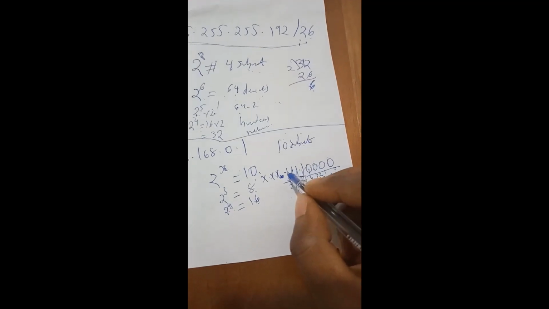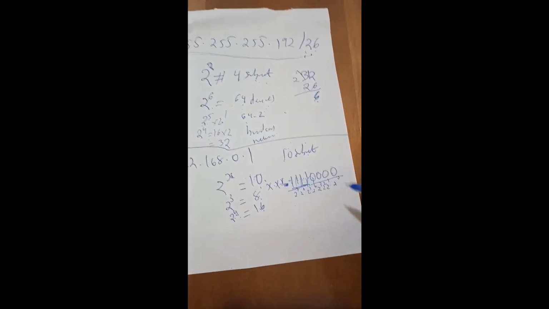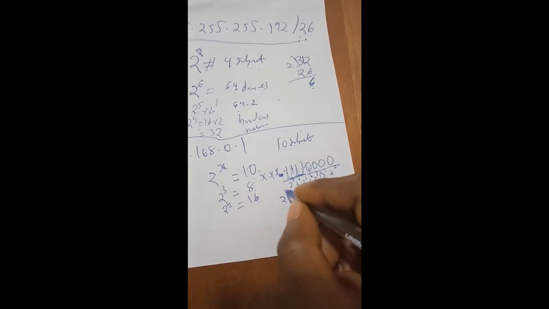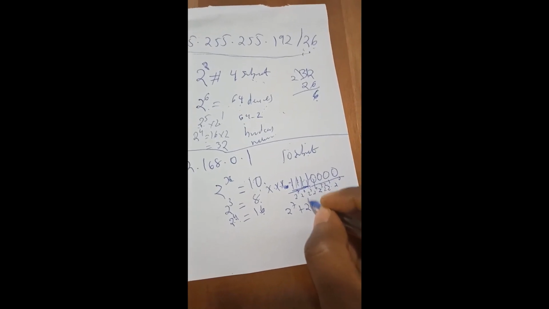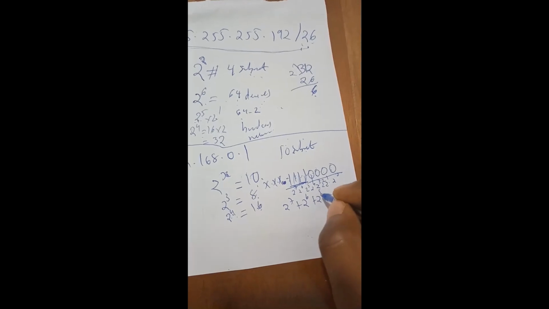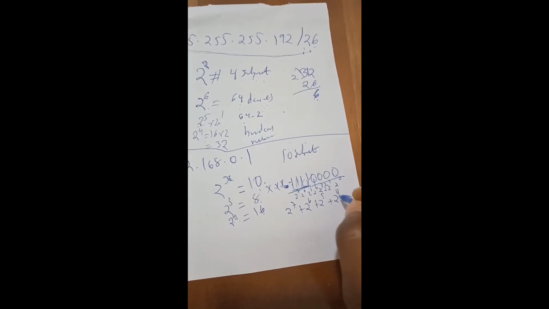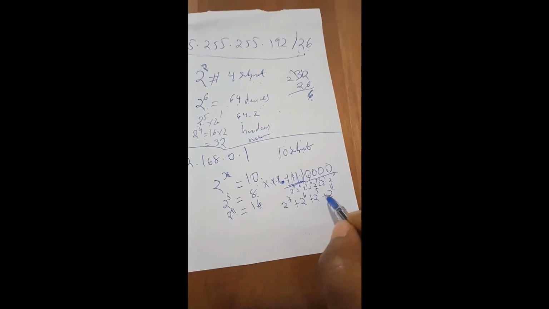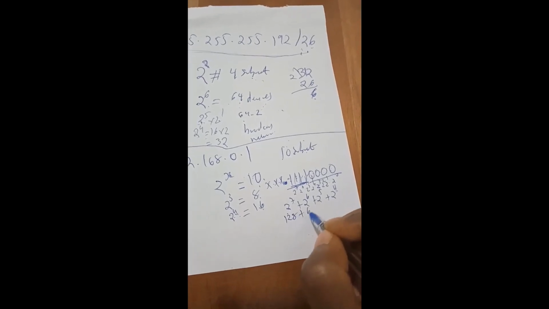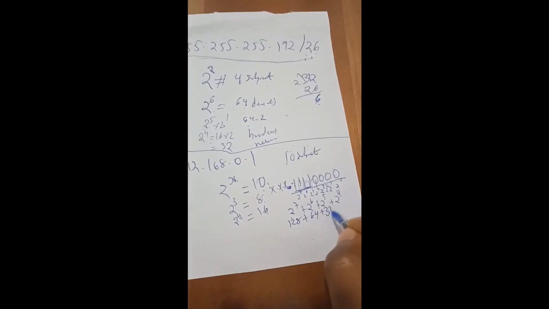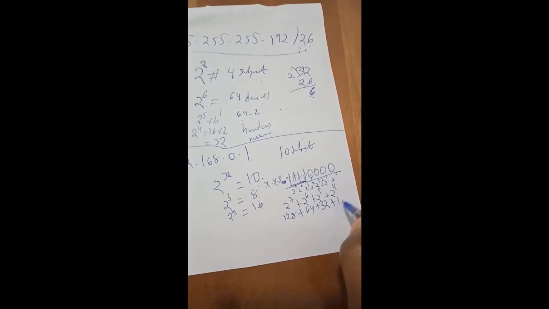What we care about is the first 4 bits. So it's 2 to the power 7 plus 2 to the power 6 plus 2 to the power 5 plus 2 to the power 4, because those are the only ones that are on.